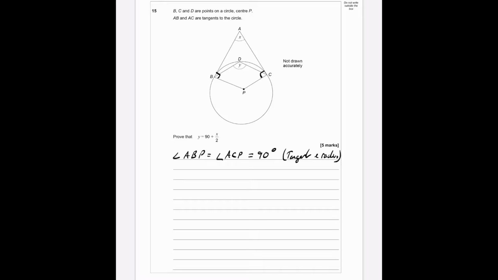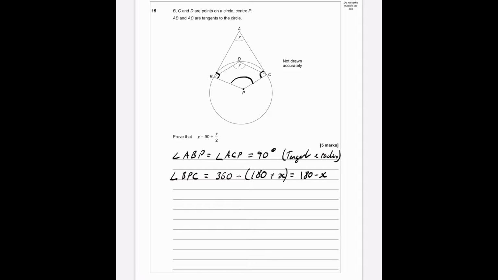Now we know that ABPC is a quadrilateral, so the angles in that quadrilateral will sum to 360. So if I add my two right angles and x and subtract that from 360, it will find angle BPC, and that simplifies to 180 subtract x.